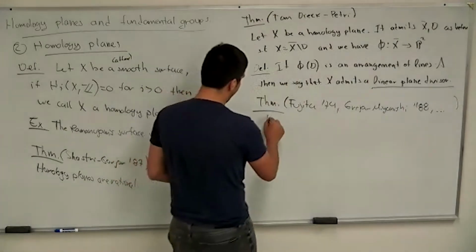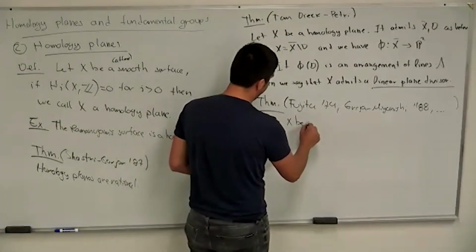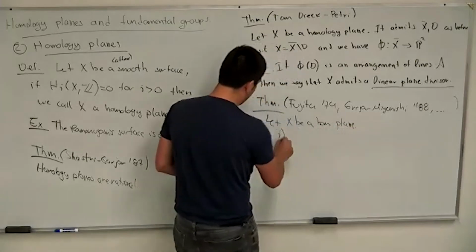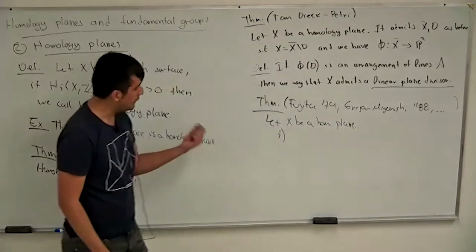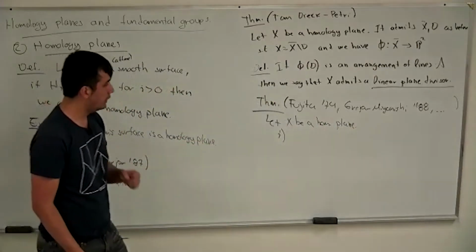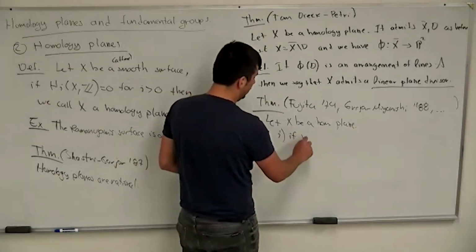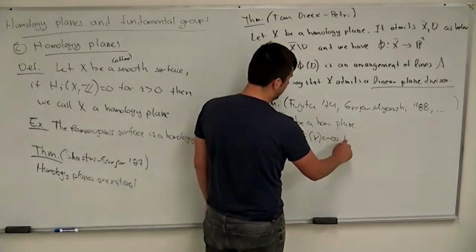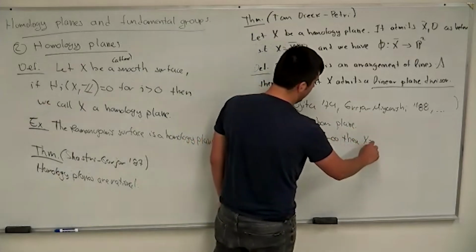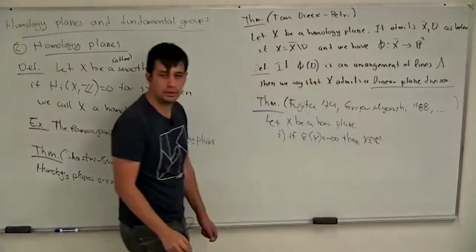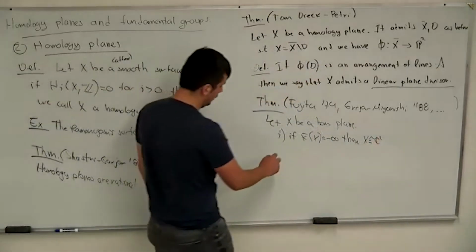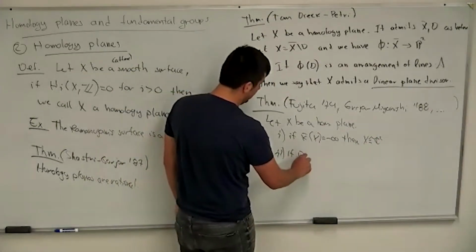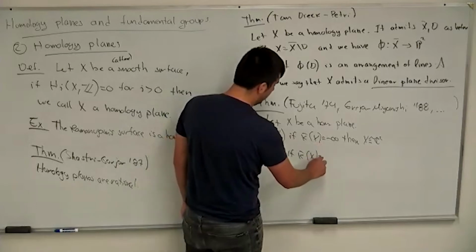So let X be a homology plane. And we are going to do the classification by logarithmic Kodaira dimension. So if the logarithmic Kodaira dimension of X equals minus infinity, then X is isomorphic to C2. So we don't have more in this case, and this is the case also for Kodaira dimension equal to 0.